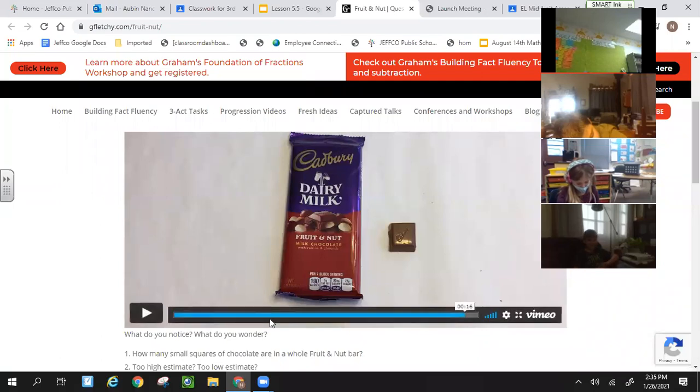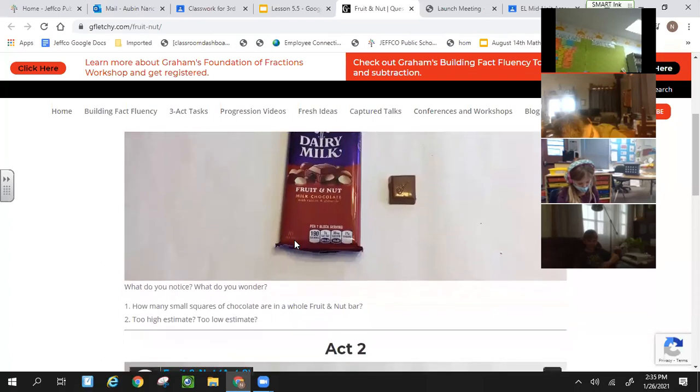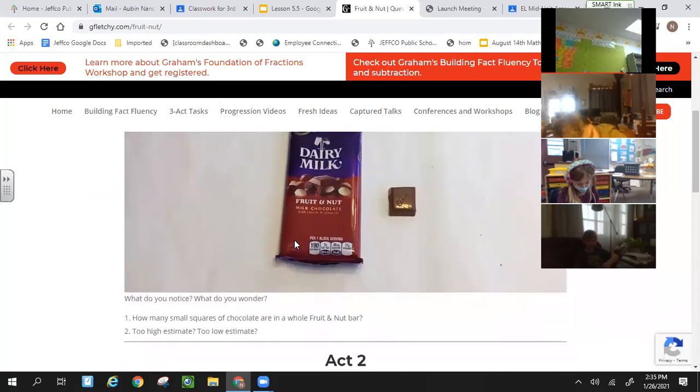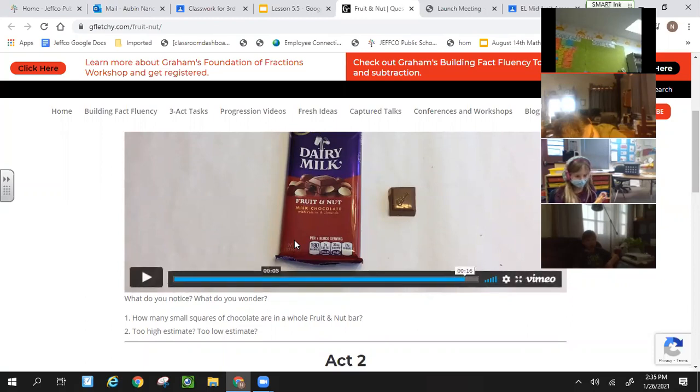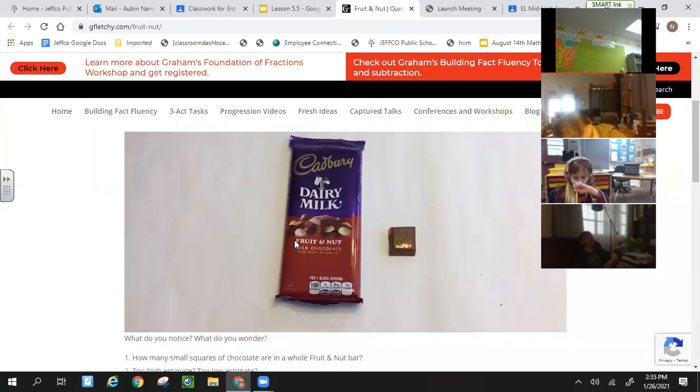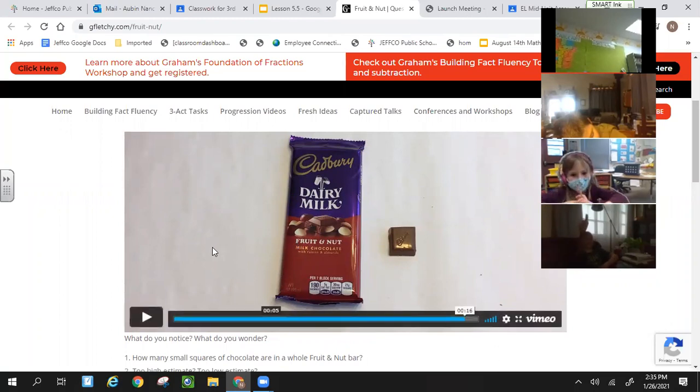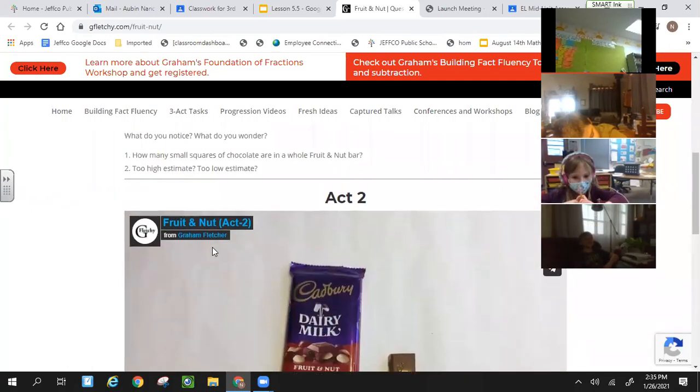So here's my question to you. How many small squares of chocolate are in a whole fruit and nut bar? I want you to write an estimate that you know could not be, that it's too high. And then I want you to write an estimate that you know is too low.